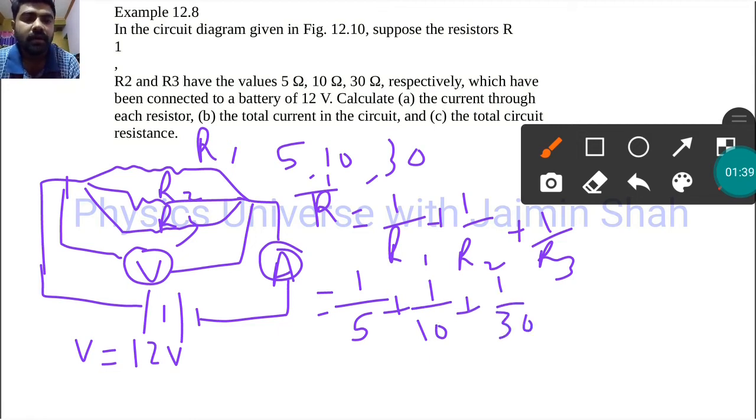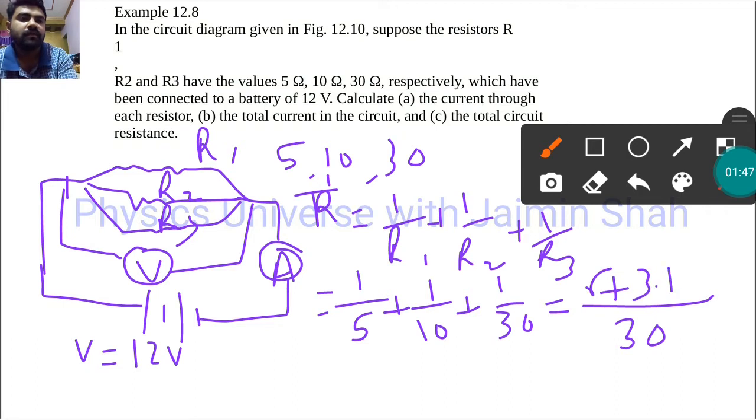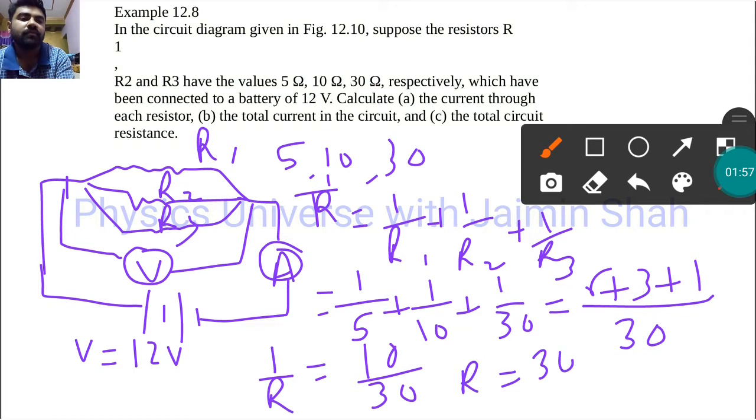Now 30 is our LCM, so 6 plus 3 plus 1 over 30, which is 10 by 30. So that is 1 upon R, but we need to find R, so R is equal to 30 upon 10. So the equivalent of all the parallel resistances is 3 ohm. So R is equal to 3 ohm, that is our equivalent resistance.